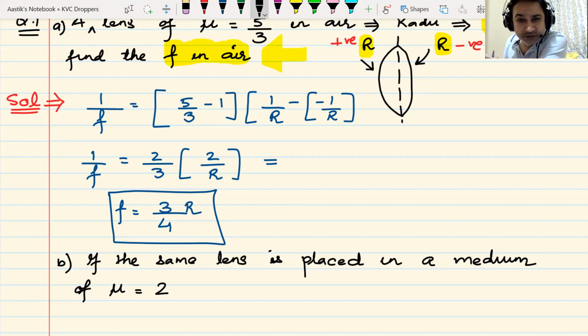Here, the refractive index was 1, but now I have placed it in a medium where the refractive index is 2. Find out the focal length. Can you do this for me? You will have 2 minutes to give me the answer.